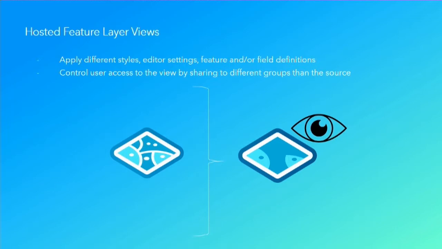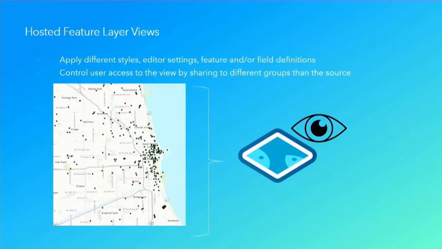So this is really great if you want to apply different editor settings or determine who has access to the view. Maybe you want to just sub-select a little bit of information and provide it to your different users to control that access. So I wanted to do a little bit of a visual here.